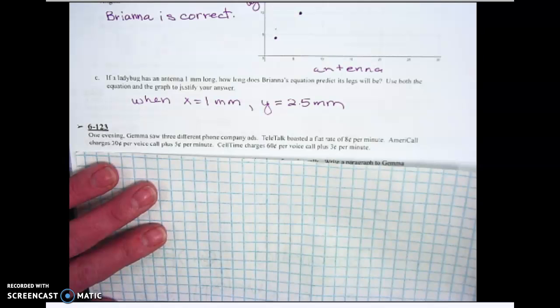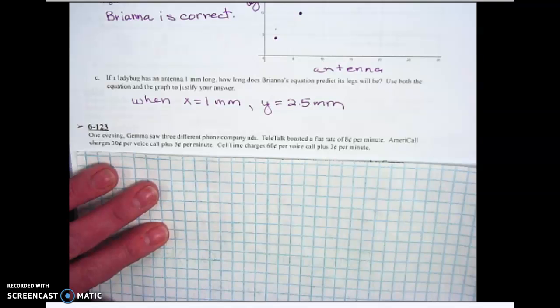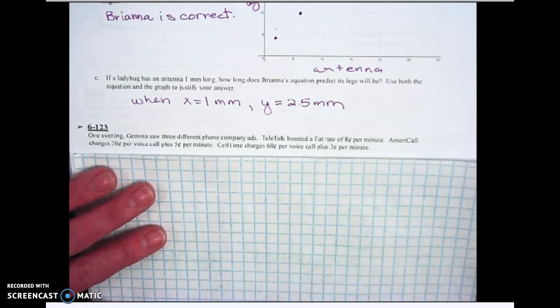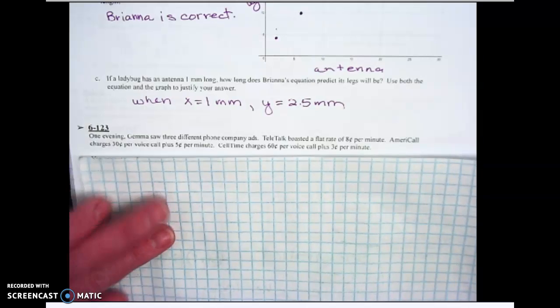And Cell Time charges 60 cents for voice calls plus 3 cents per minute. You are not sure how many minutes Gemma plans on using the phone for voice calls. Write a paragraph to Gemma explaining which plan she should use under the various circumstances. Include multiple representations in your answer.